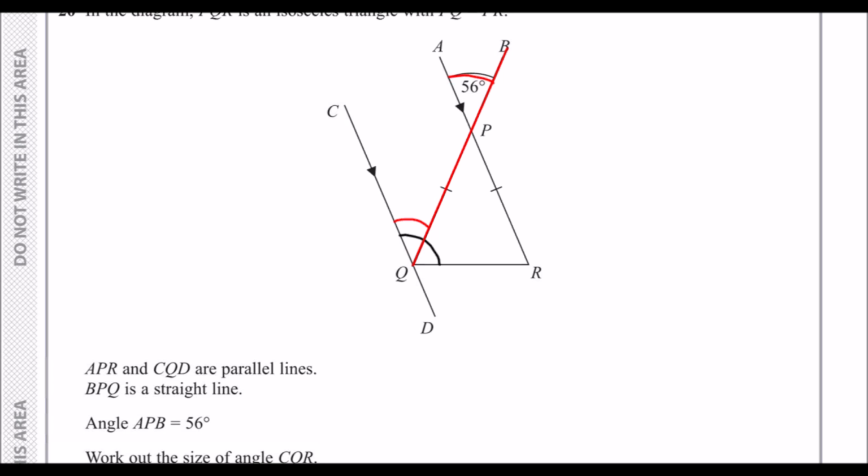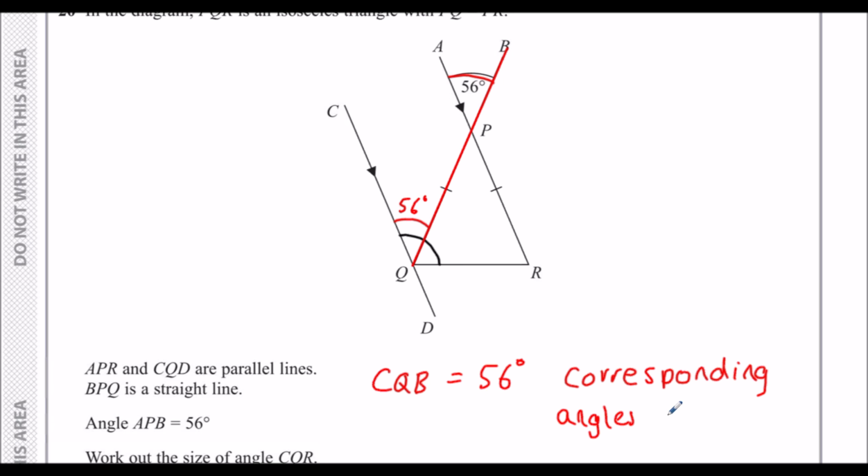So if this angle is 56, it's the same angle here. They're called corresponding angles. So CQP or CQB, either way, is 56 degrees because corresponding angles are equal.